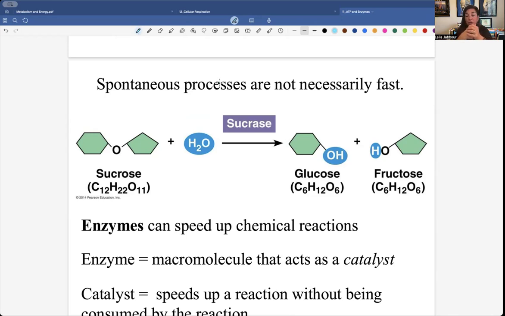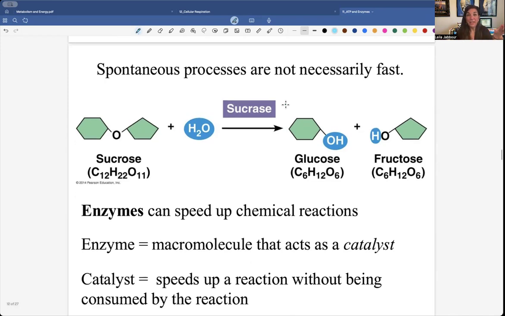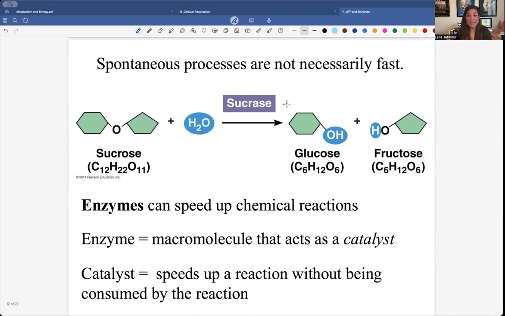Sometimes these spontaneous reactions are not fast enough for the cell. So enzymes are there to speed up that chemical reaction. And that's it.